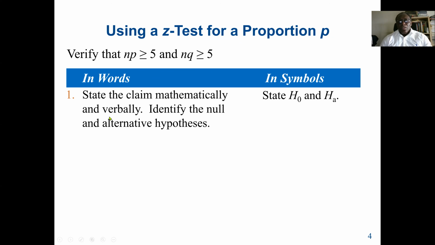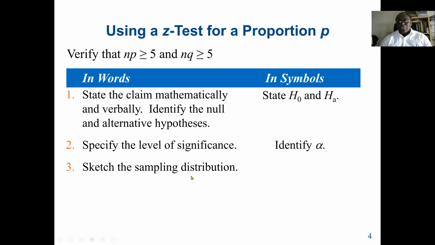First, we state the claim mathematically and verbally. So we have to identify both our null hypothesis and also the alternative hypothesis. Then the second step, we specify the level of significance. So we need to know the alpha. Most of the time, the alpha will be given to us, either 0.05, maybe a little bit less, or maybe a little bit higher.